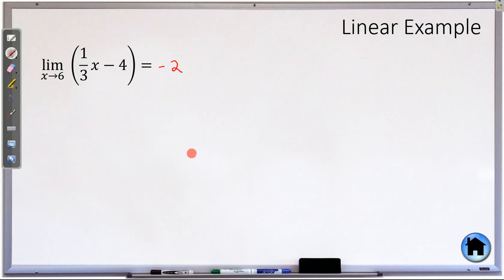But if that limit is true, for every epsilon, there must be a delta. And so the absolute value of x minus c will be less than delta. And the absolute value of f of x minus L is less than epsilon.